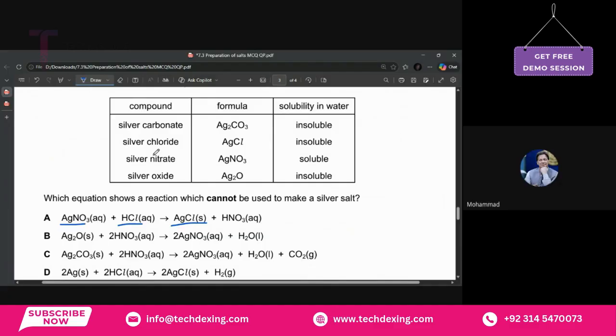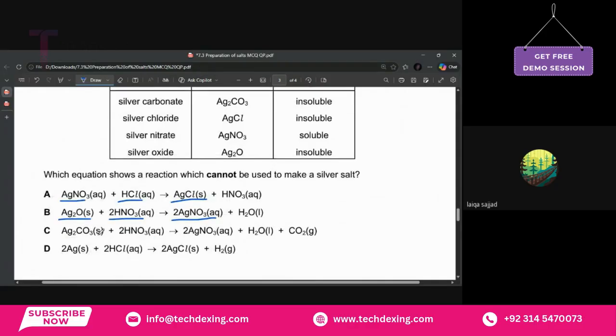Because silver oxide is an insoluble base, so adding it to nitric acid will produce a soluble salt. Yes, very good. Because we have a metal oxide, which is basic in nature, and we react it with acid. When we react acids and bases, it will give you a salt and water. So it will also give you a silver salt.